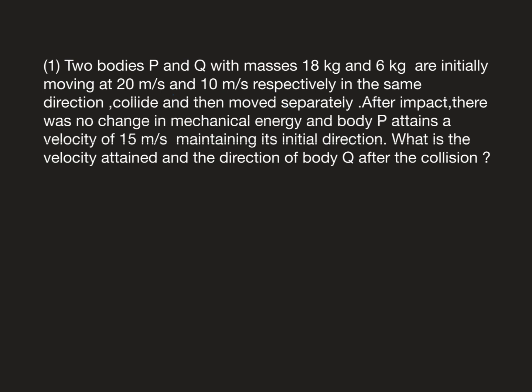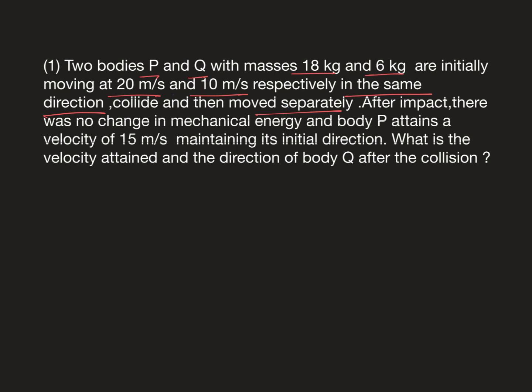Welcome back. We have a collision problem here, and it reads: two bodies, P and Q, with masses 18 kilograms and 6 kilograms, are initially moving at 20 meters per second and 10 meters per second respectively in the same direction, collide and then move separately.